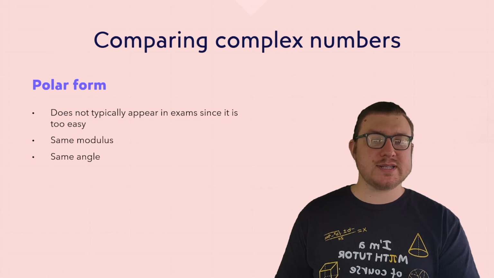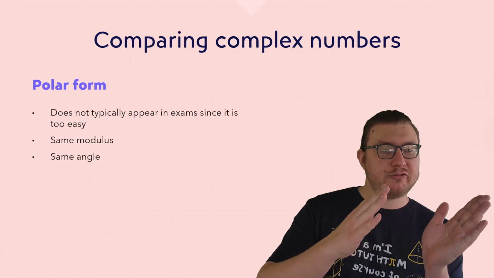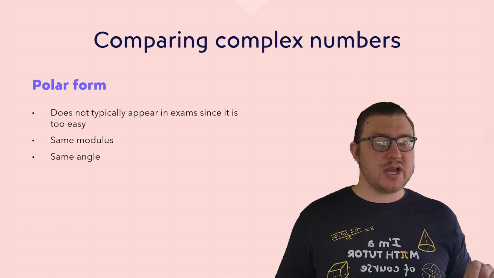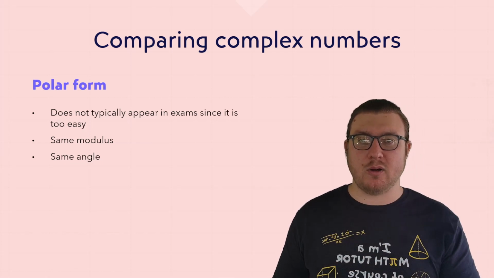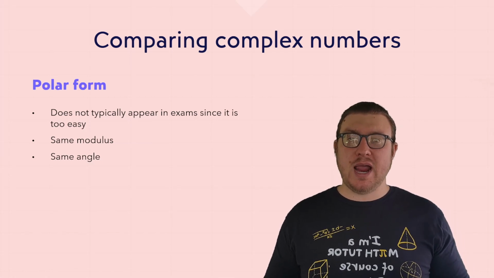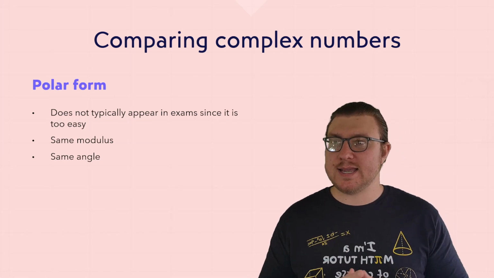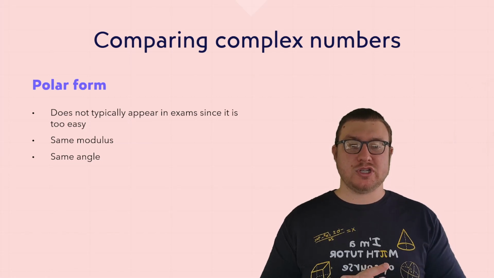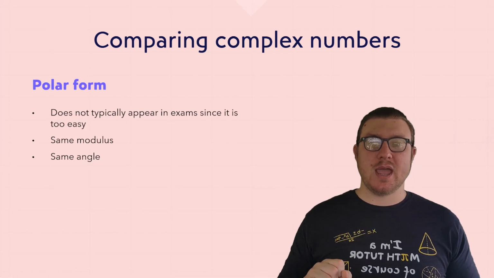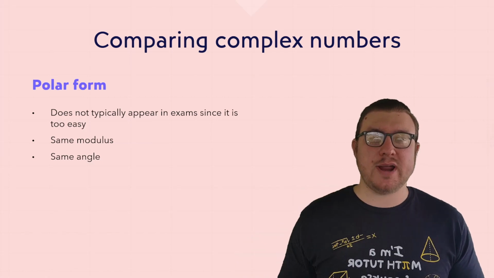But I just want to say one thing. If we talk about the angle, remember that if we go full circle and keep going, we can keep going around, each time being 2 pi or 360 degrees. That means if we have our complex number i, which on the coordinate system just goes straight up, we have a 90-degree angle.